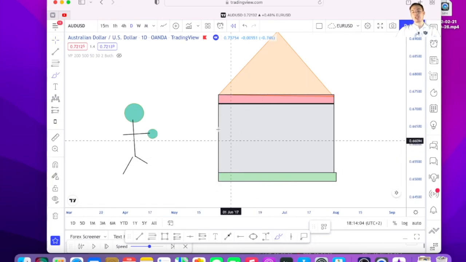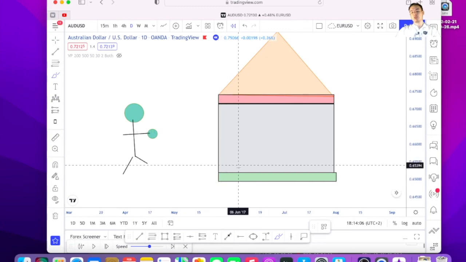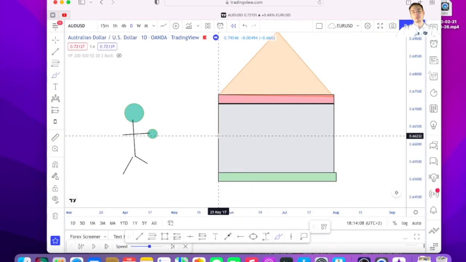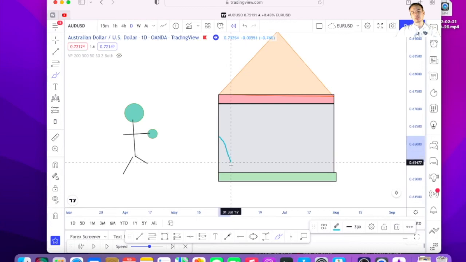So what you do is you bounce the ball so hard on the floor. So what will happen? As you bounce the ball on the floor, the floor will support the ball and push up.